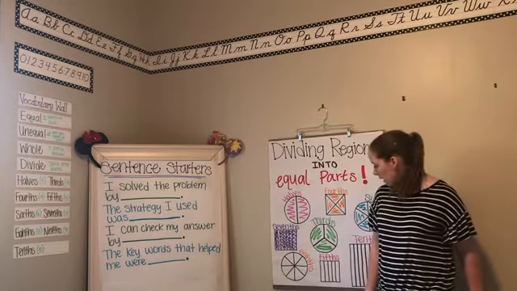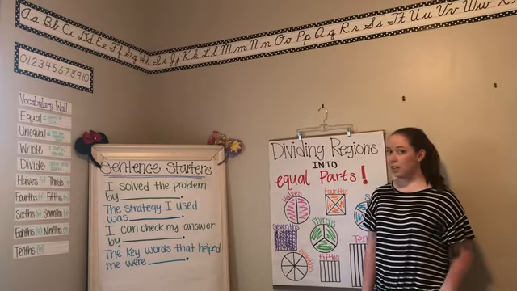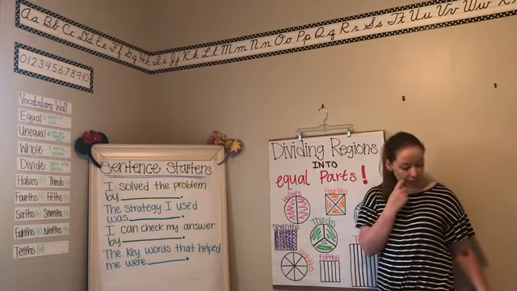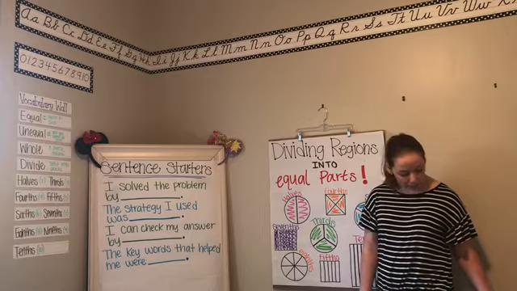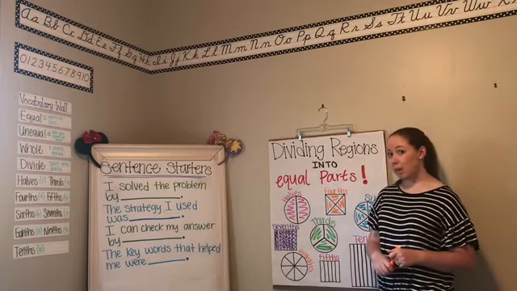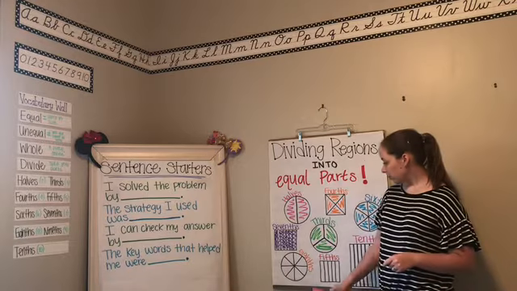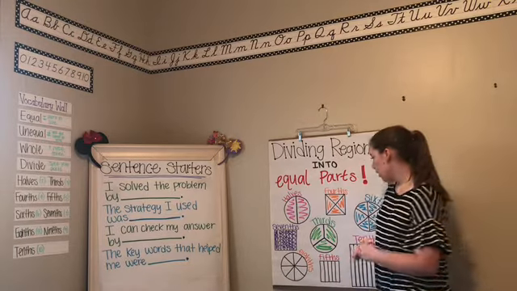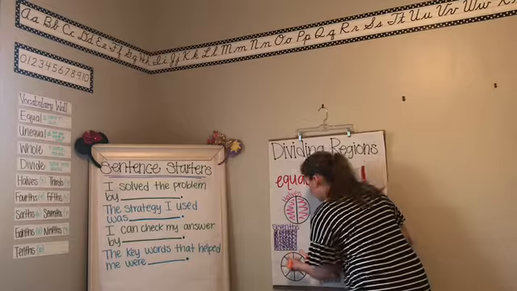Let's try a couple more. Oh, we're getting to some big ones. This can get tricky. So let's see, we have a circle that is divided into 8s. Let's count these ones too.